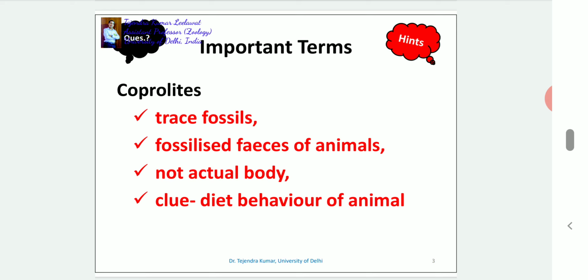This is some type of identification generally used by environmentalists and scientists. Also their shape and formation are based on the structure of the alimentary canal. So that is why coprolites are used to find clues or hints about the diet and behavior of animals.